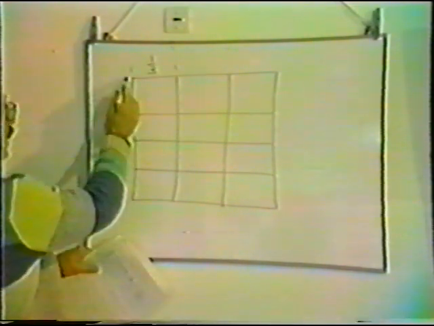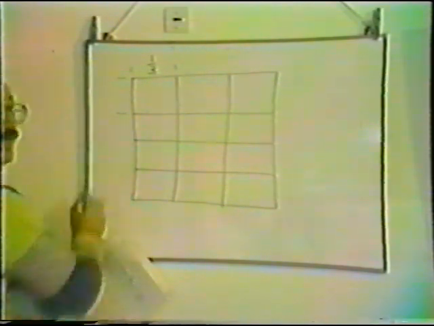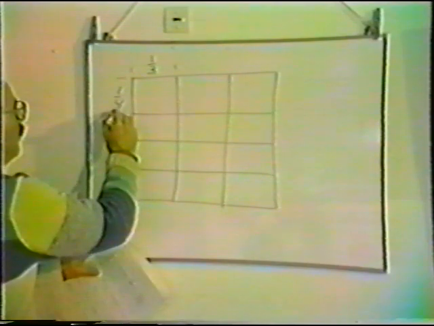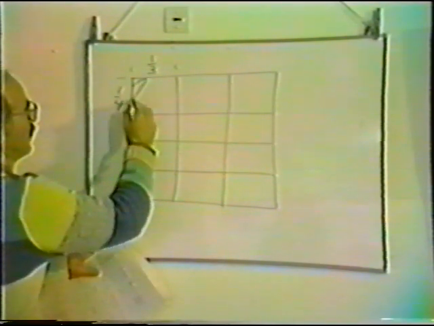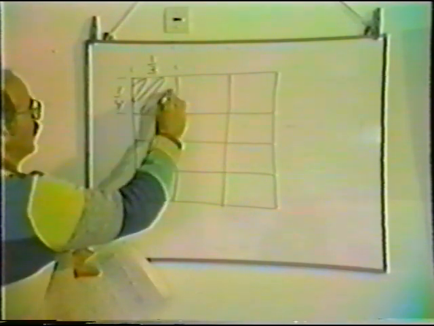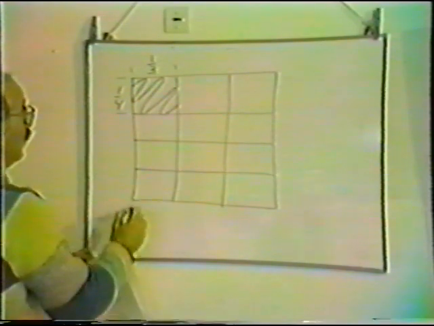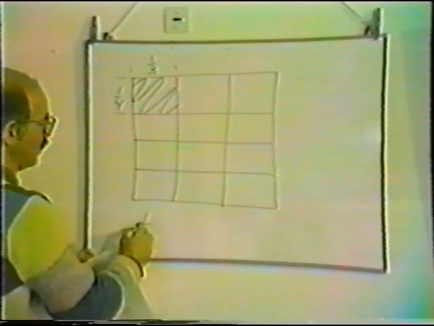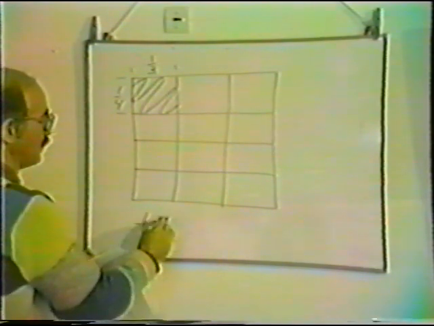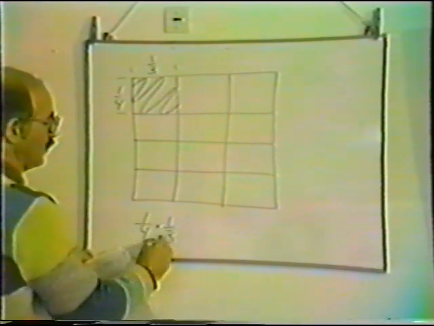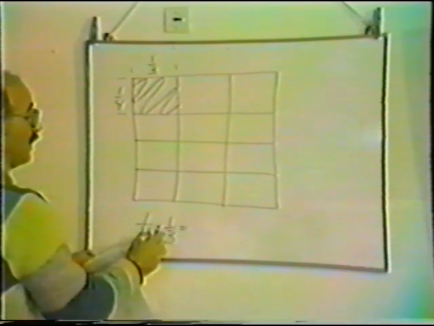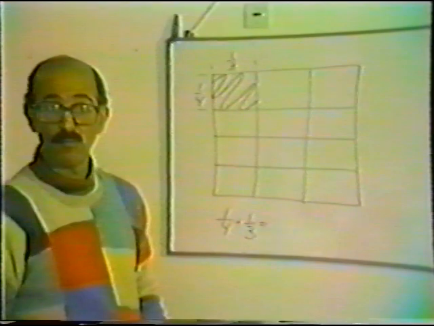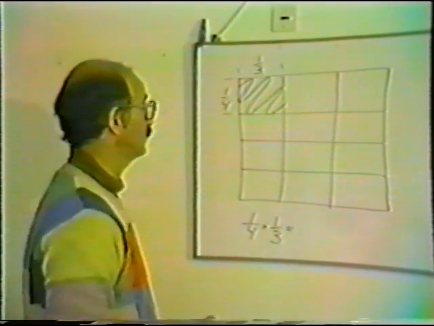And how long is this distance here on the side? 1/4. That means if we eat this much, we will be eating a piece that is 1/4 times 1/3. So if we can figure out the answer to that, we really will be multiplying fractions.